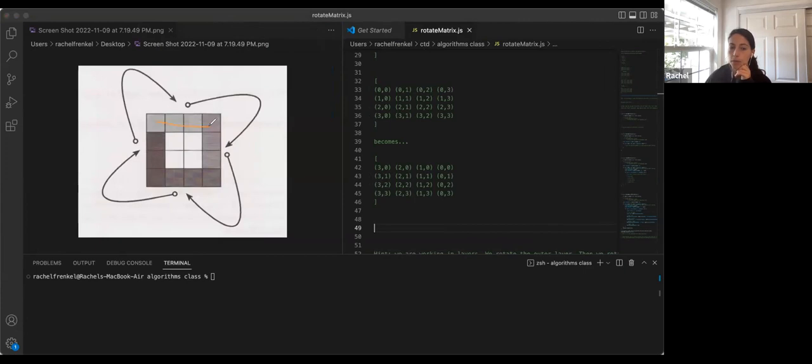You could copy it into an array, and now assign this entire edge gets the top, this entire edge gets the side, this entire edge gets the bottom, this entire edge gets the left. Actually, you would need to do it in a bit of a reverse, because you end up missing a thing. But that's the idea. You could go and move the entire edge.